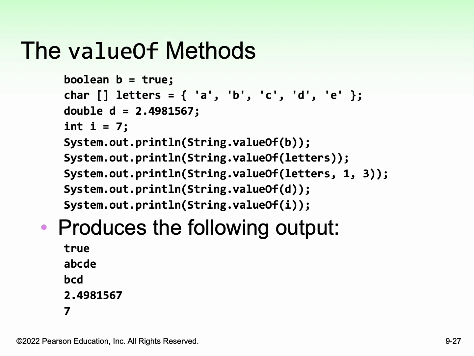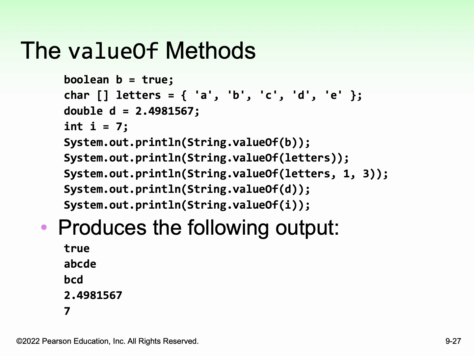Now, this is an example of how valueOf works. We have a Boolean called b that equals true, then a character array of letters a, b, c, d, e, then a double of 2.4981567, and an integer i that equals 7.